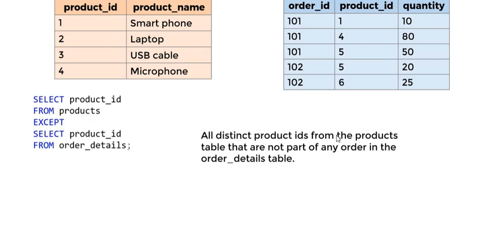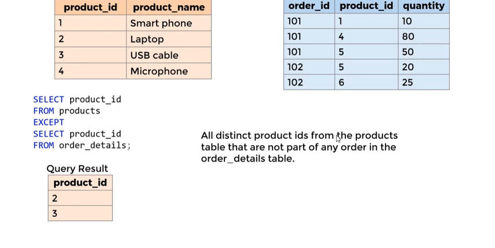See, in our first set we have select product ID from products, right? In the second set we are selecting product IDs from order details. This effectively says select the unique product IDs from products except if the product ID is in the order details table. This query gives the following result. See, product ID 2. We can see that product IDs 2 and 3 do not exist in the order details product ID column.